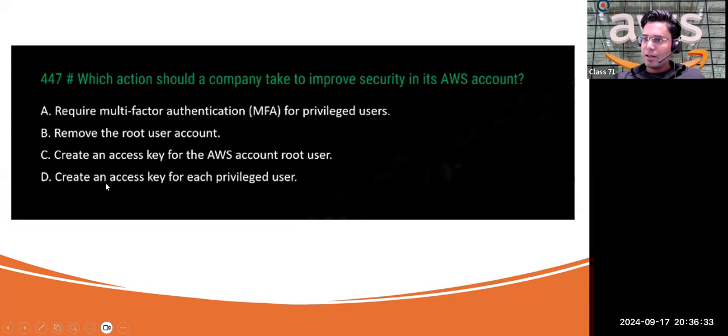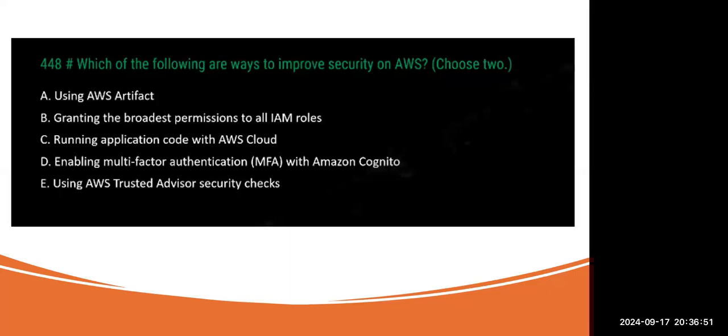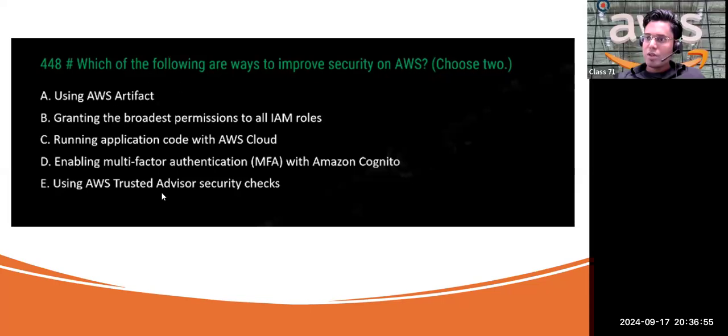Same thing, improving security: MFA. Now again MFA, one is done. Second, this one is the most important one, Trusted Advisor, because it gives us recommendations, like port 80 is open.